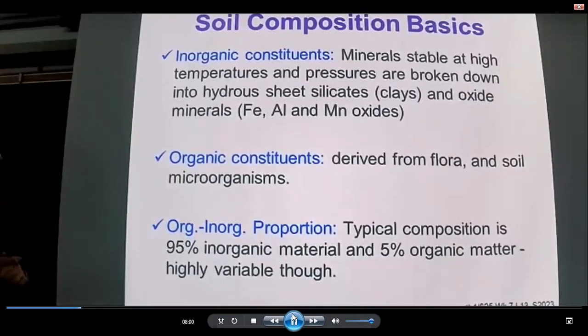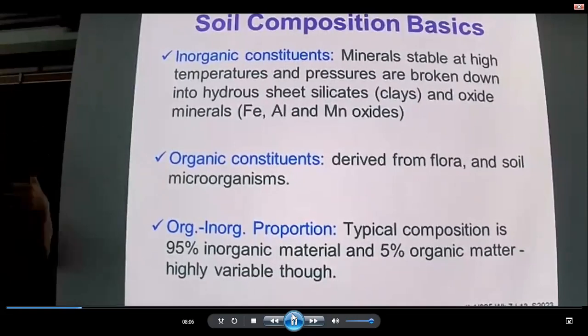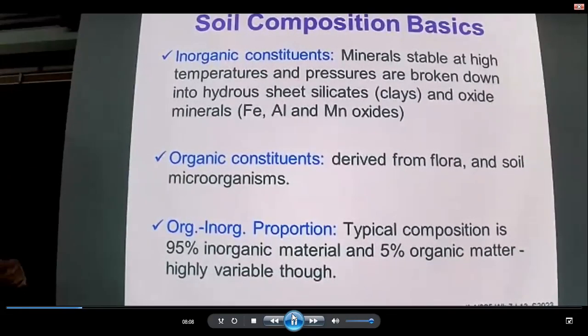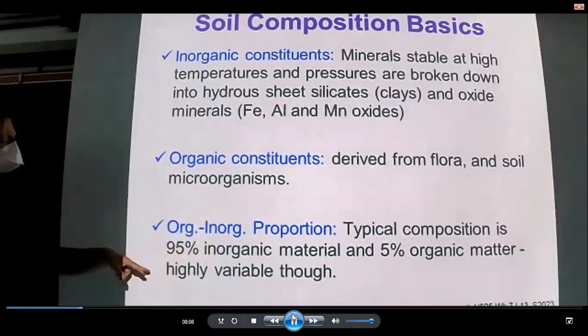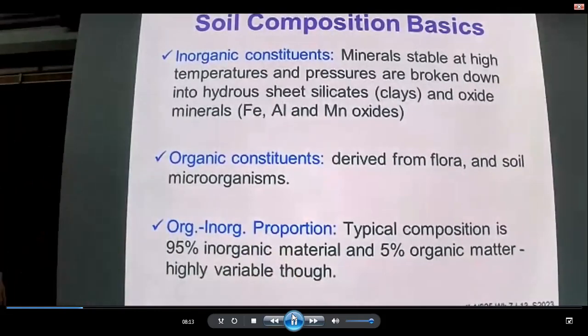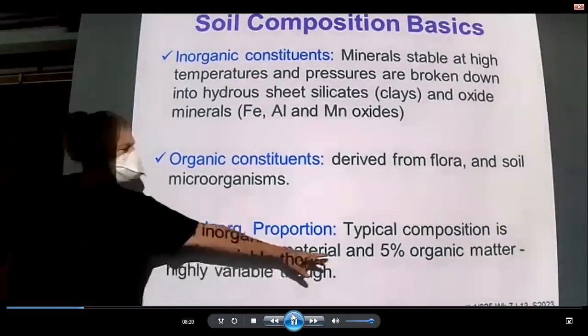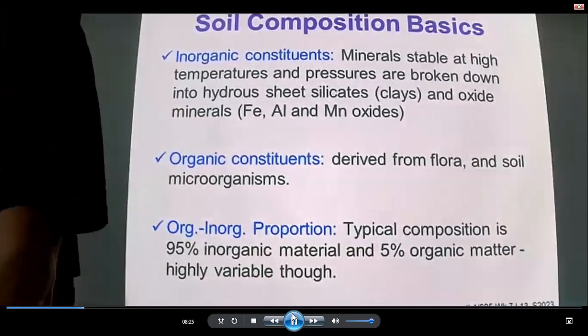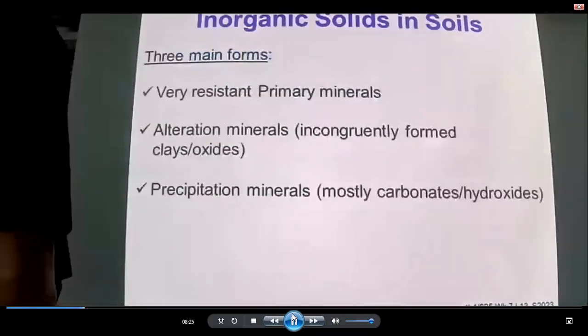Plus, we can have organic materials, and these are derived from the flora and fauna living on the land surface and under the land surface, including by microorganisms. So typically, a soil has about 5% organic matter. Some can have way more than that, and some can have less. That's a typical proportion, and it's this addition of organic matter that helps define this material as being a soil.